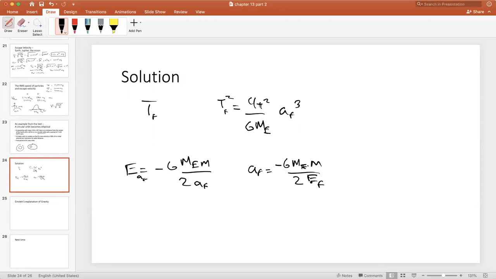But what is the energy final equal to? The energy final is equal to m v final squared over 2 minus GM of the Earth m over A final.